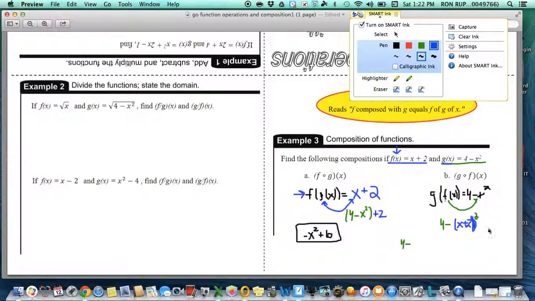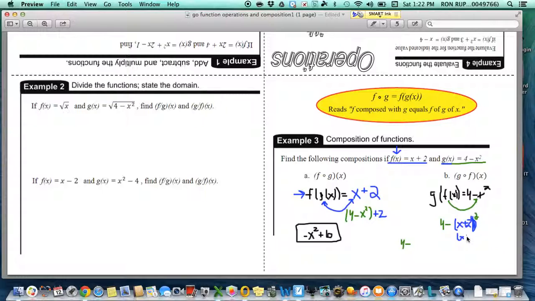Remember, what that means is you have x plus 2 times x plus 2. So x times x is x squared, x times 2 is 2x, 2 times x is 2x, and 2 times 2 is 4. And so 2x plus 2x becomes 4x.